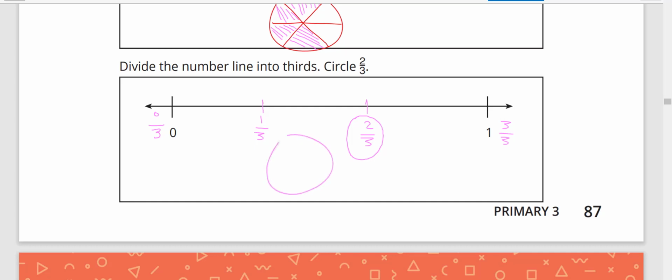This circle, draw 3 parts, so divide the circle into 3 equal parts and shade 2 parts in this circle, 1 and 2.